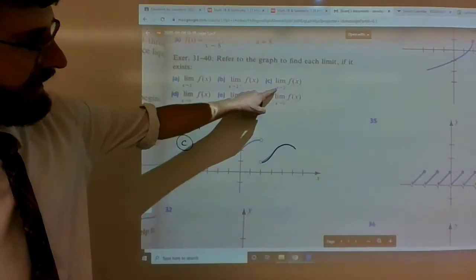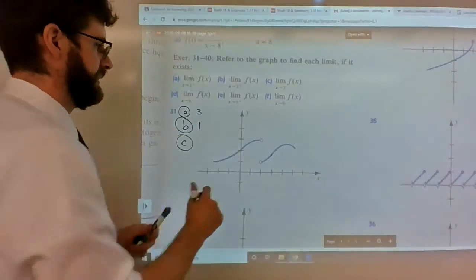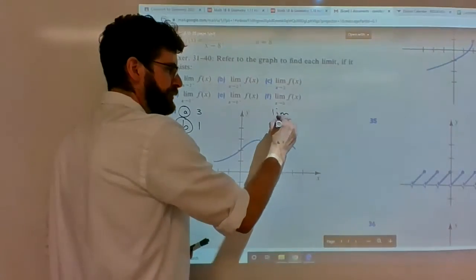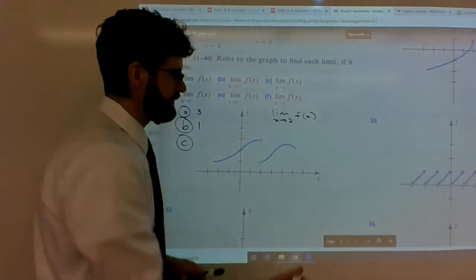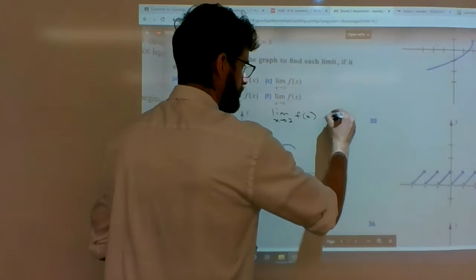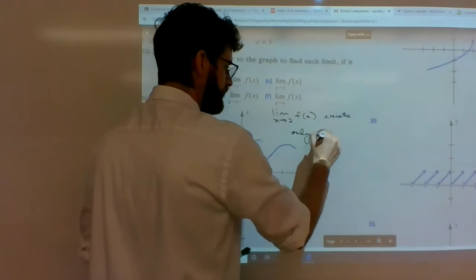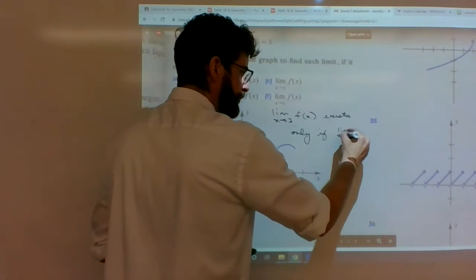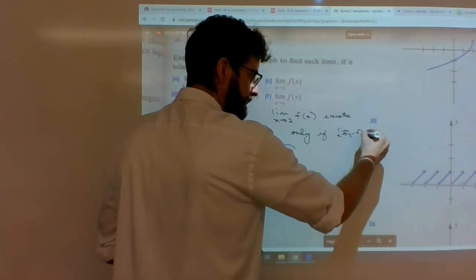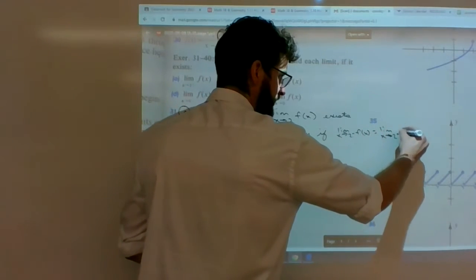Now the third part, the limit at 2. The limit as x approaches 2 of f of x exists only if the limit as x approaches 2 from the left of f of x equals the limit as x approaches 2 from the right of f of x.